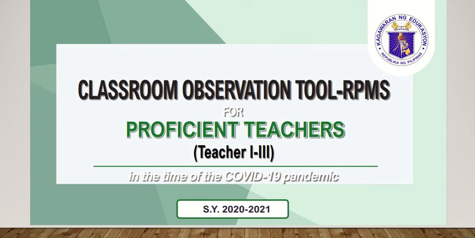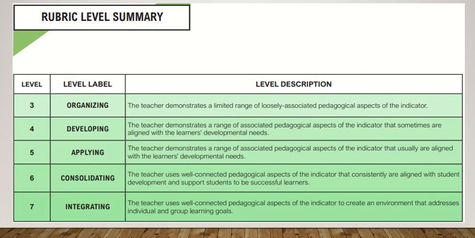to Teacher 3. These are the descriptions of the rubric that will be used. 3 for organizing: the teacher demonstrates a limited range of loosely associated pedagogical aspects of the indicator.